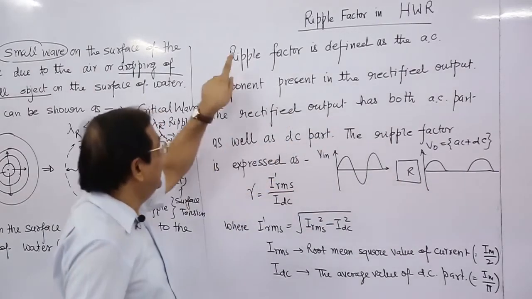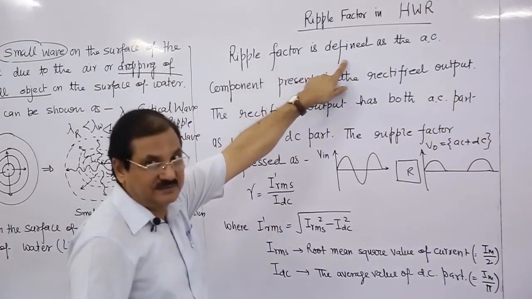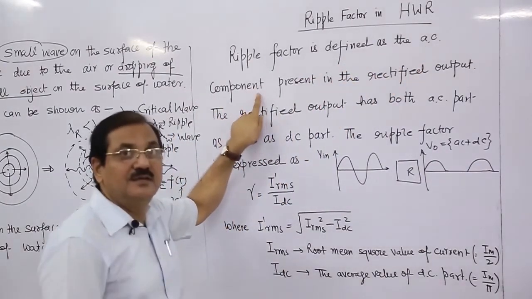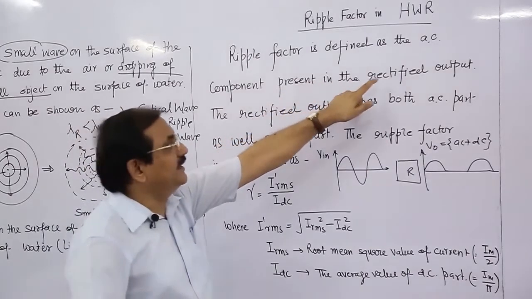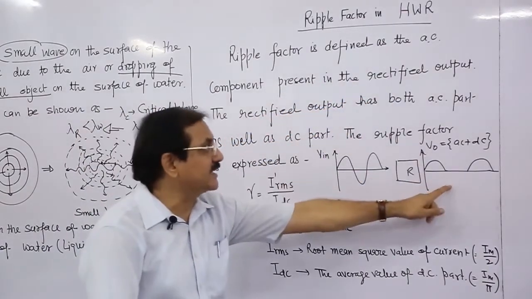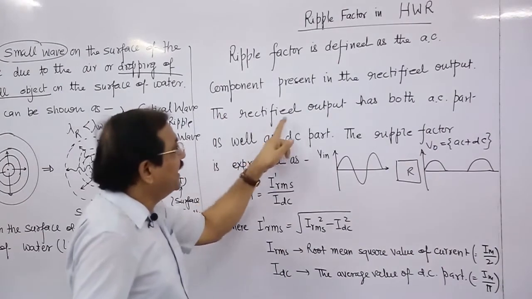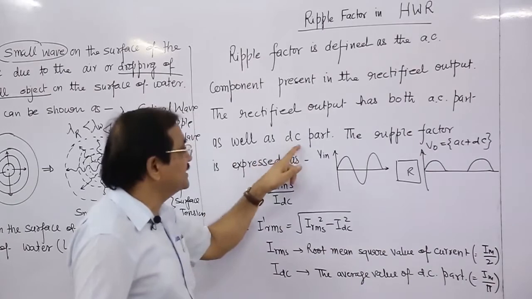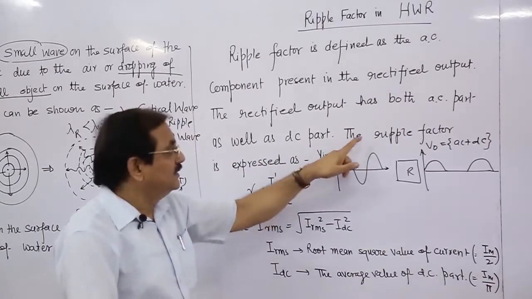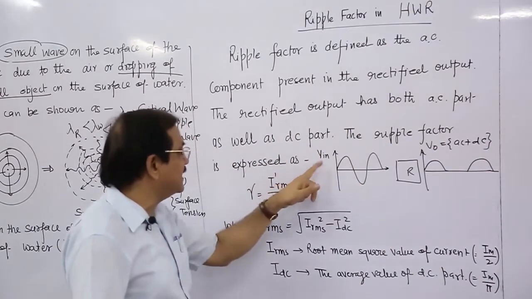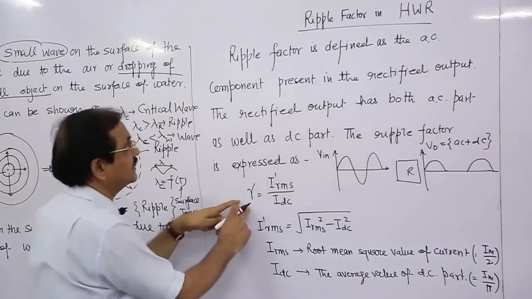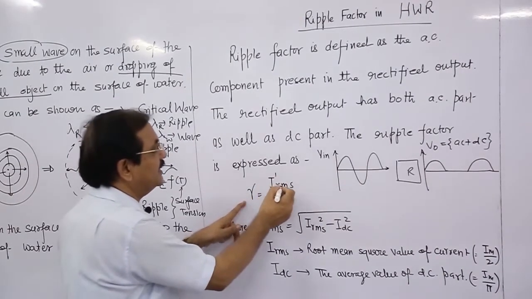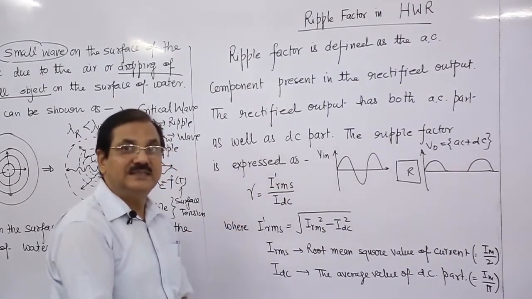The ripple factor is defined as the AC component present in the rectified output. The rectified output has both an AC part as well as a DC part. The ripple factor gamma is expressed as I dash RMS upon I DC.